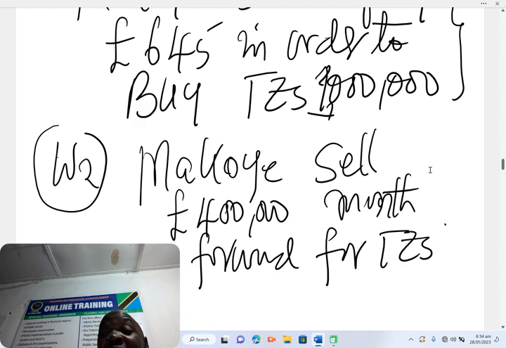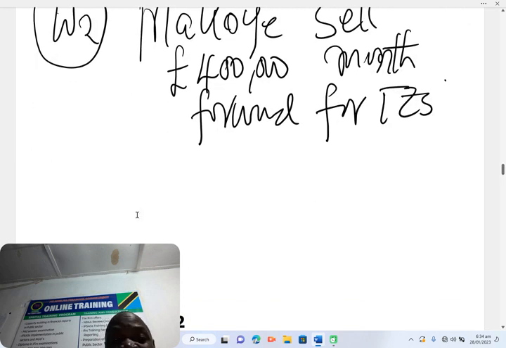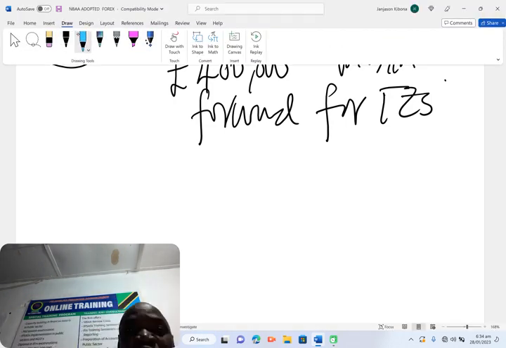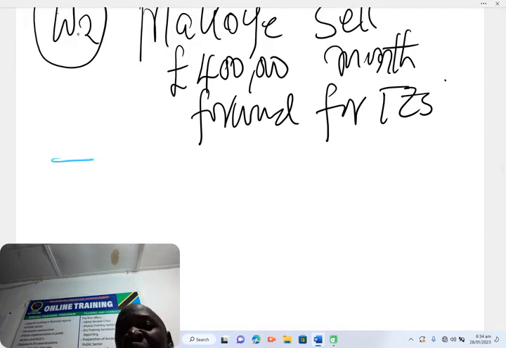So at the point he is selling now, Macaulay is selling. So first of all, you have to select a relation between pound and Tanzanian shillings 3 months forward, not spot rate. That is a first mistake you can make. So remember, you put bid and ask.